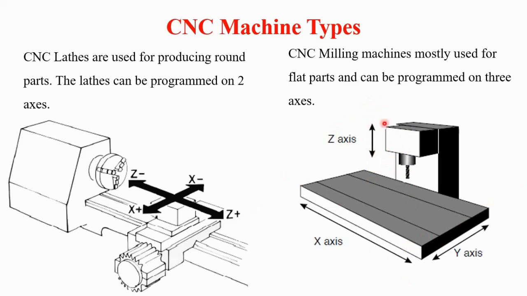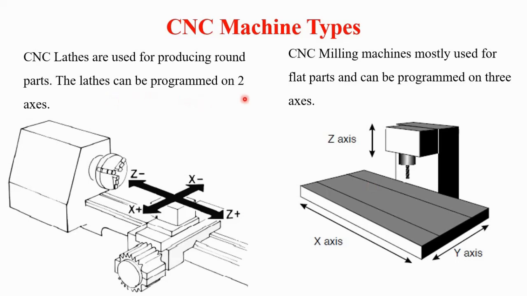It is represented by the z-axis in case of the milling machine. But this vertical movement of the spindle or of the job is not possible in case of the lathe. Basically CNC lathe machines are used for producing round or circular components, and milling machines are basically used to produce flat parts or flat surfaces.